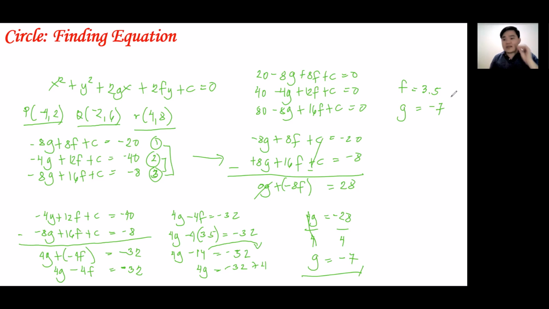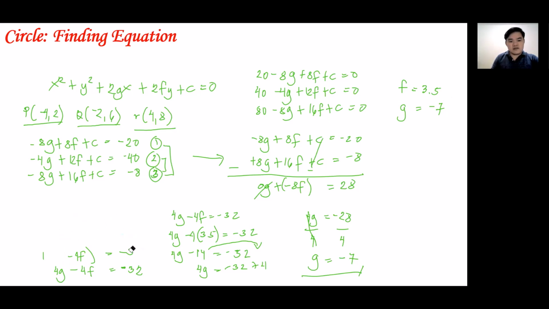Okay, so what is the last missing term or missing variable? It is just our value of c. Okay, so let me erase something on our solving board.